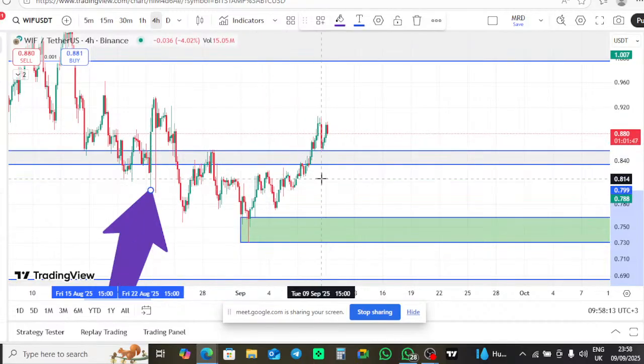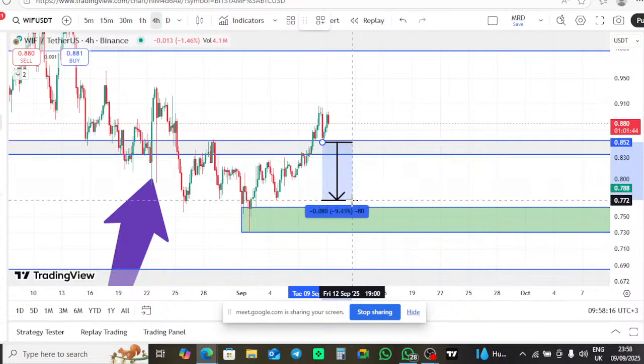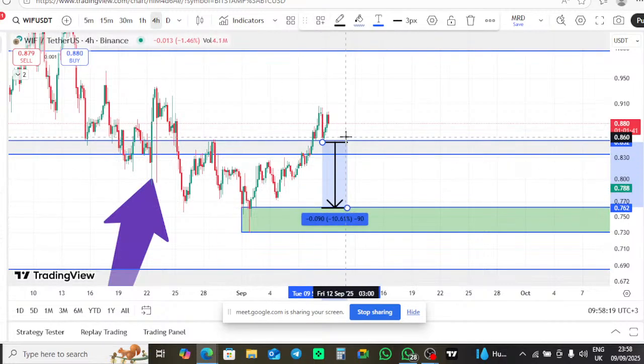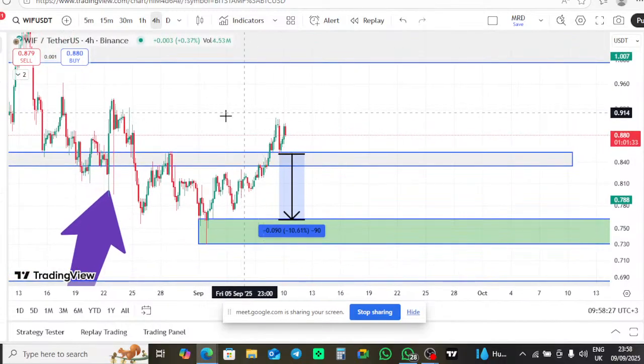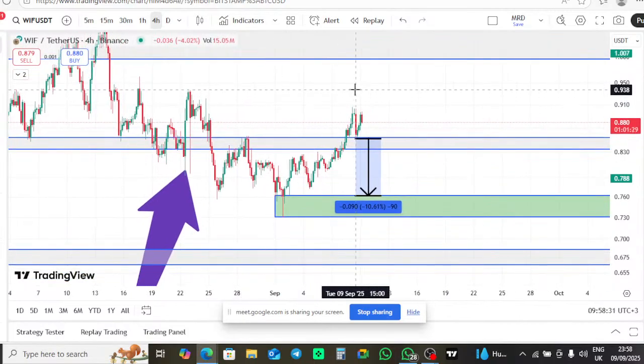If the market dropped, it could drop just up to here, which was around 10%. And on spot, you can manage a floating of 10% negative. You can. But now, since we have change of character, according to what we are seeing here, we expect the market to break this high.